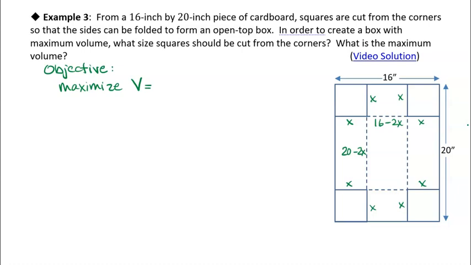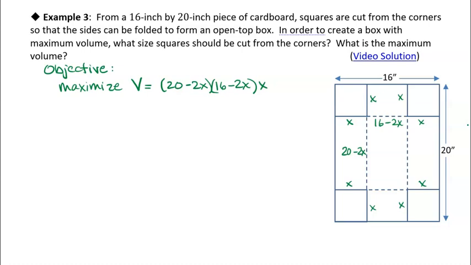So we have 20 minus 2x as the length, the width of the box is 16 minus 2x, and the height of the box is just x. All right, so there's our objective function.